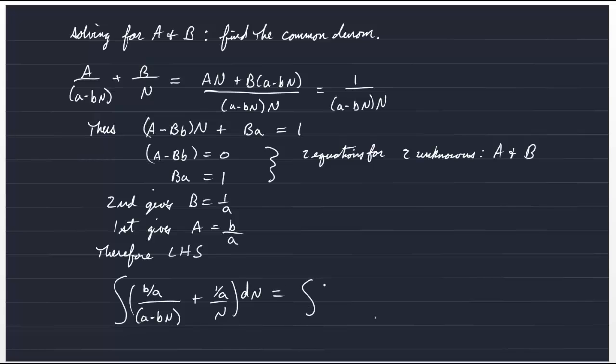And we can break that into two separate integrals, which is the integral of b over a over (a minus bn) dn, plus the integral of 1 over a over n dn.